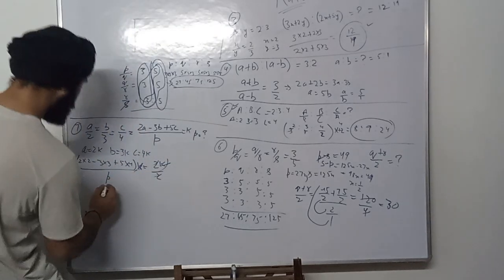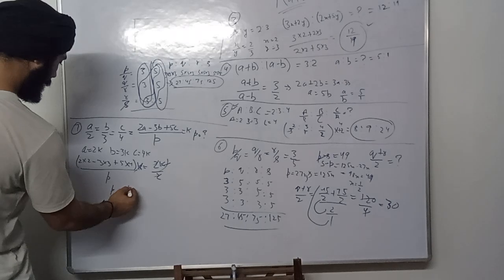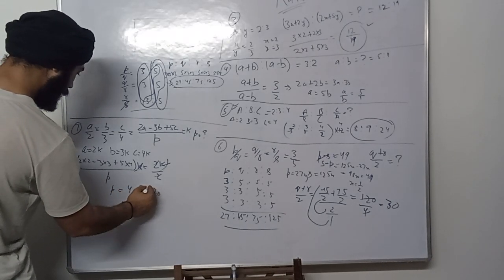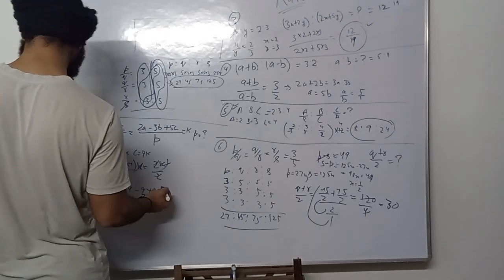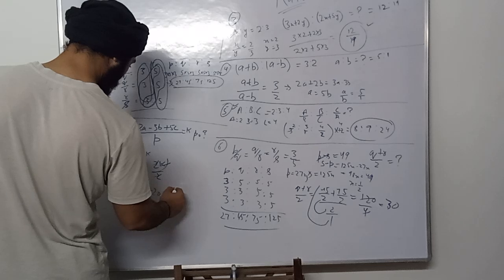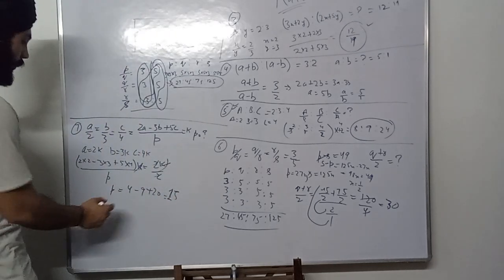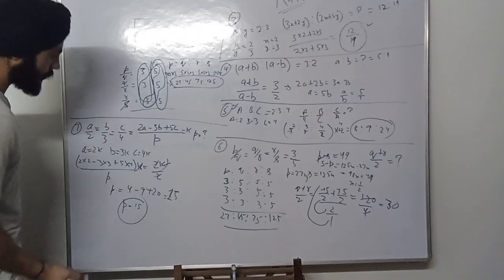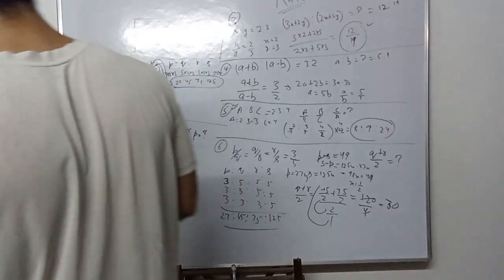So P is equal to 4 minus 9 plus 20, which is equal to 15. Yeah, its value is 15. So P is equal to 15. This is how we find an unknown value. So this is our question number 7.